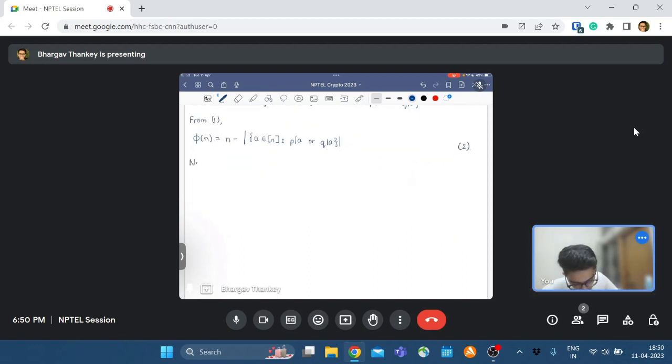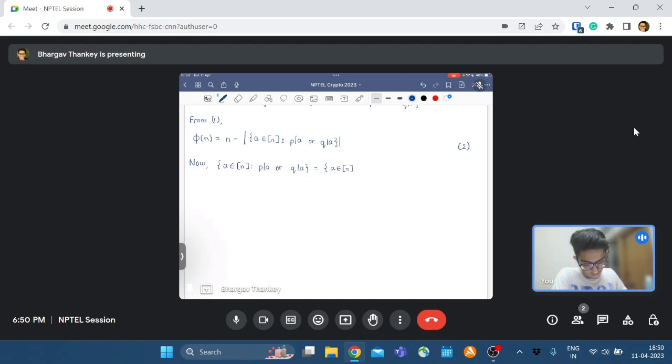Now, this set is the same as the set A. So this set is a union of two sets.